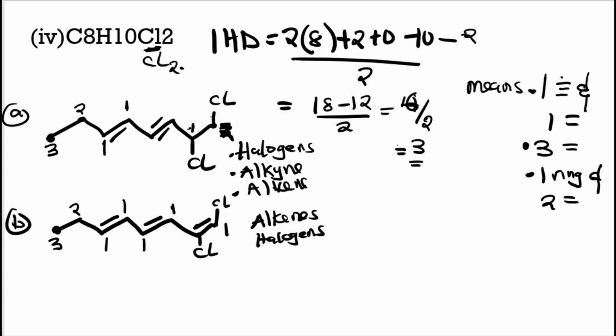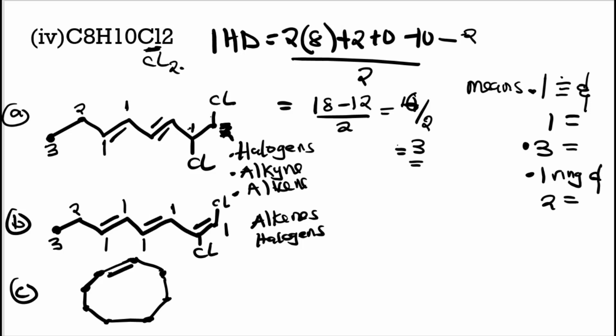The other possible structure for this one is that it can be a cyclic ring with 2 double bonds. So carbon number 1, 2, 3, 4, 5, 6, 7, 8 here, and then 1 ring with 2 double bonds.